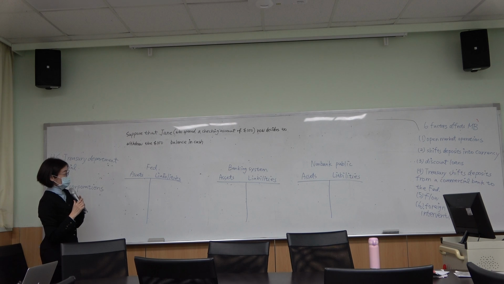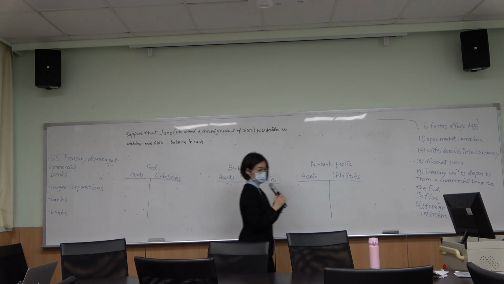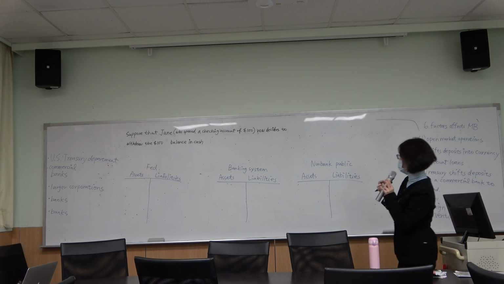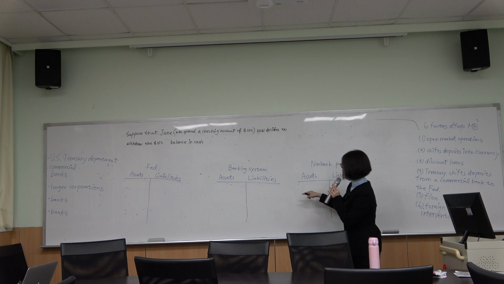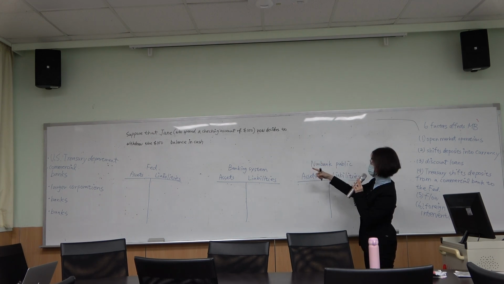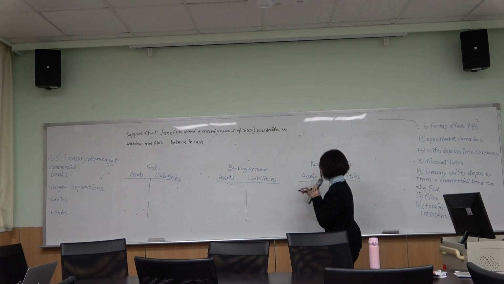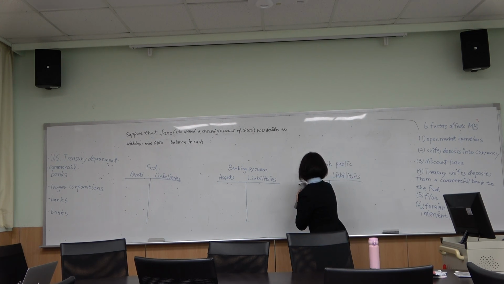So what will happen to Jen's T account? Let's begin with after her decision. In this case, her checkable deposit will decline by $100.